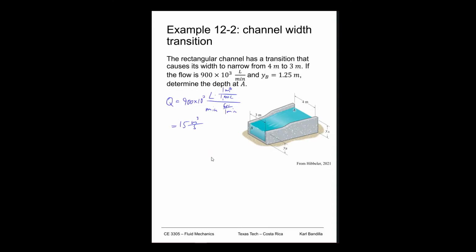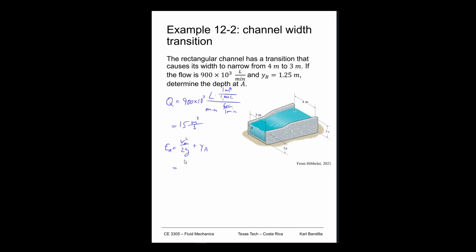Now we can go ahead and figure out the specific energy at A and at B. And we of course know they have to be the same. So let's start with A. EA is equal to V at A squared over 2G plus the depth at A. Right, that's our definition.